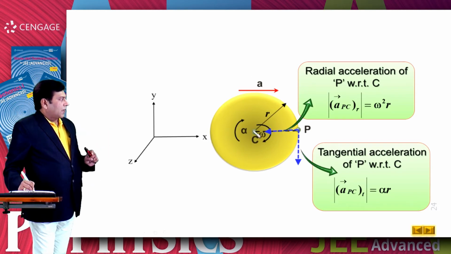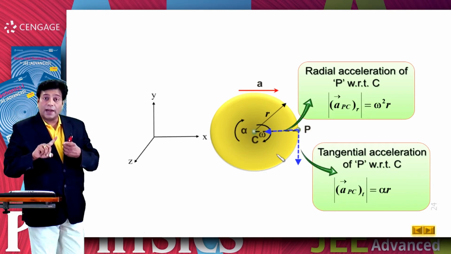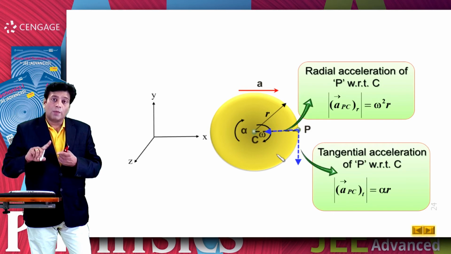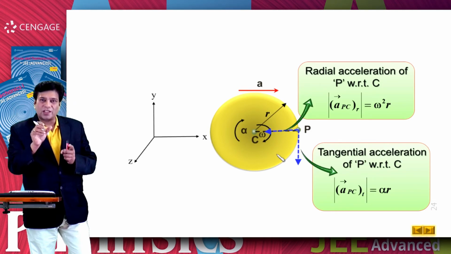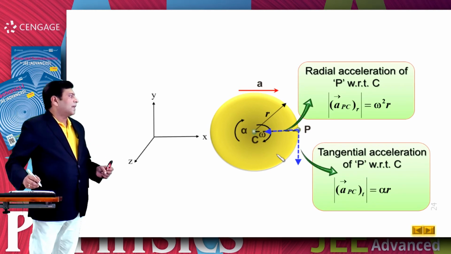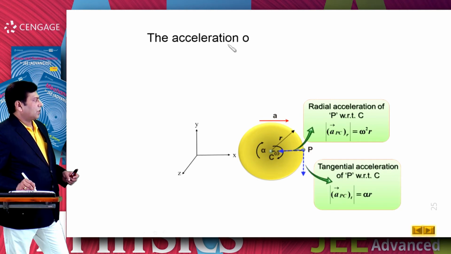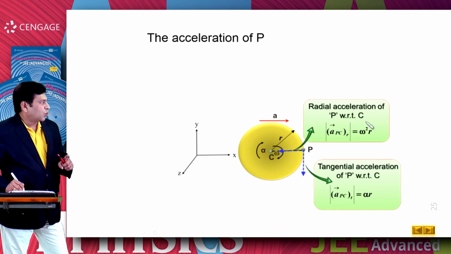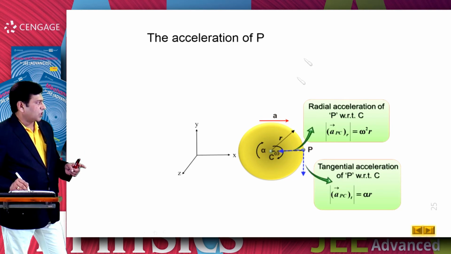Now let us write the combined acceleration, that is the net acceleration of point P. We can write net acceleration of point P is acceleration of point P with respect to C plus acceleration of C. And we know acceleration of point P with respect to C is the combination of the radial and tangential acceleration. So let us write acceleration of P with respect to C in the tangential direction plus radial direction plus acceleration of C.